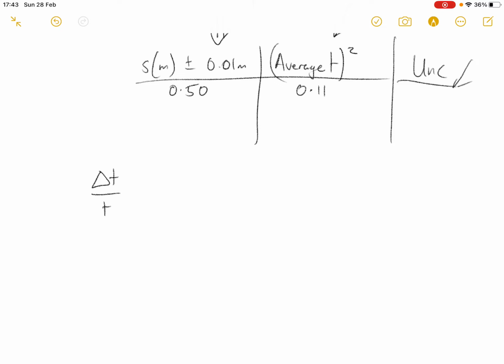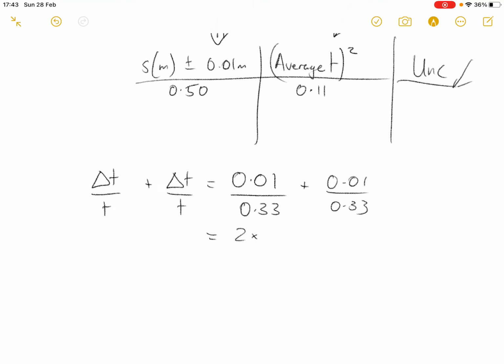So I have delta t over t, added to itself, delta t over t. Now delta t, the uncertainty in the time, as you saw in the previous table, is 0.01 seconds divided by 0.33. Do the same again, then this gives me a final value of 0.06, and that repeats.